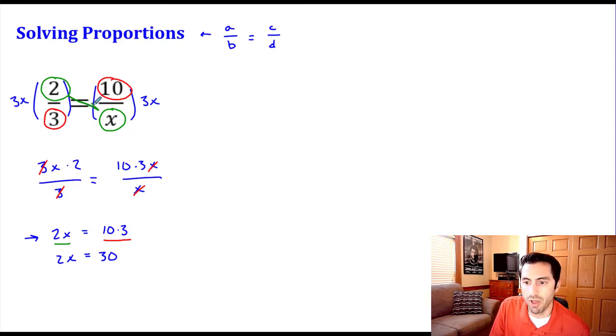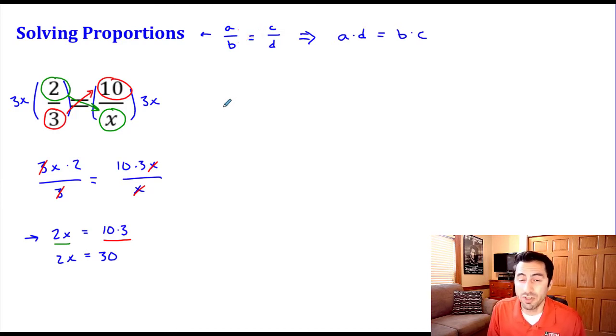I'm multiplying these two numbers together, and I'm multiplying these two together. So going back up to my general form, if I'm given a proportion, the cross product gives me a times d is equal to b times c. So multiplying across.